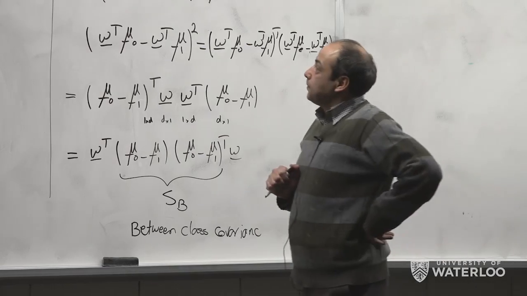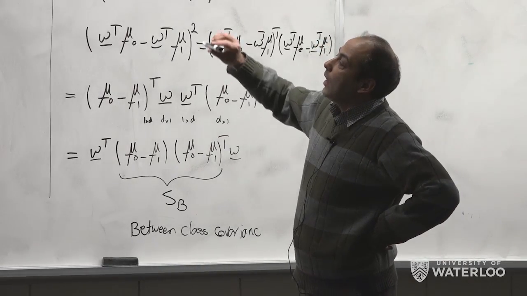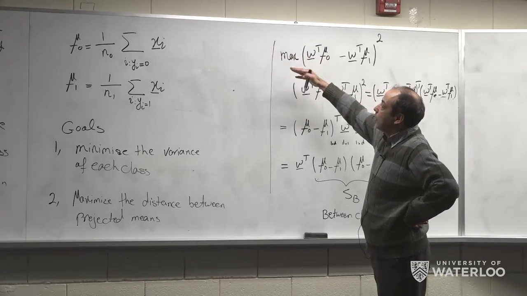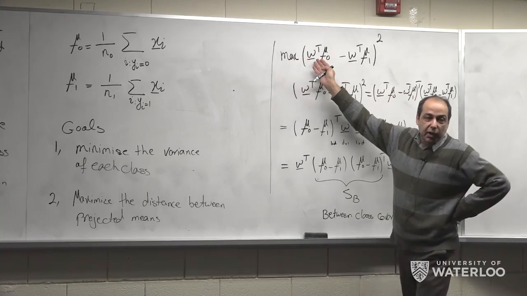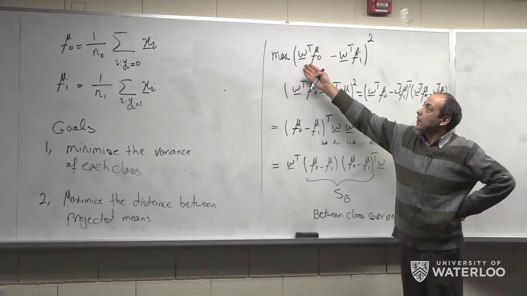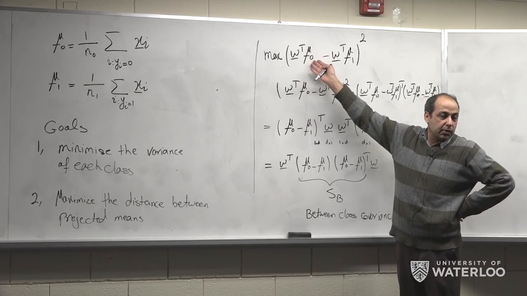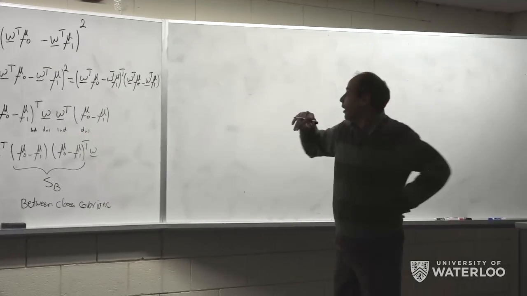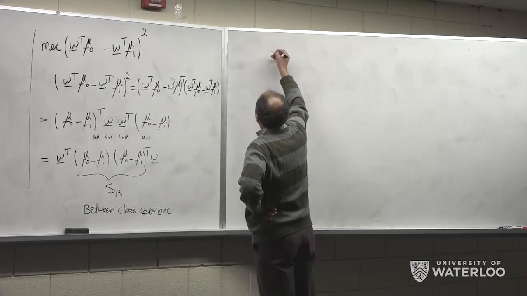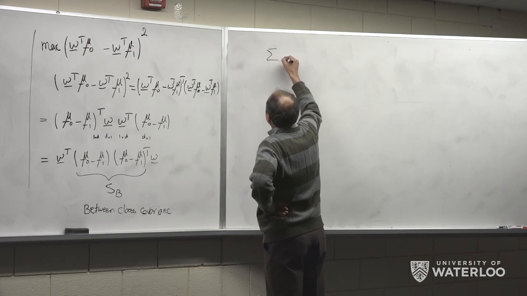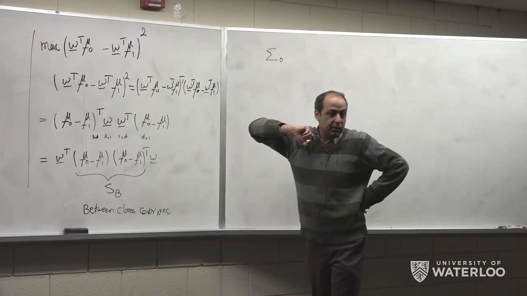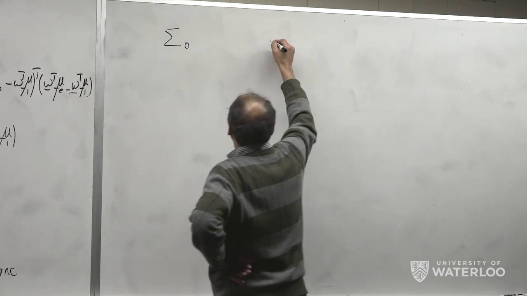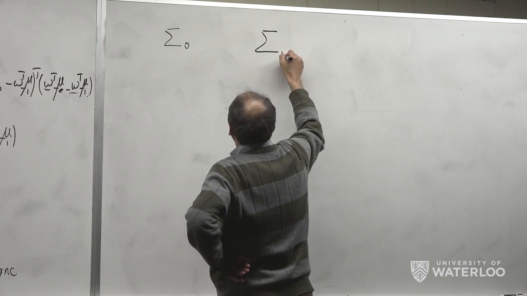Okay, so we know that when we project points on the direction of W, the mean of projected points will be W transpose the mean. What about the variance or covariance? If class 1 has covariance matrix sigma 0, and class 2 has covariance matrix sigma 1.